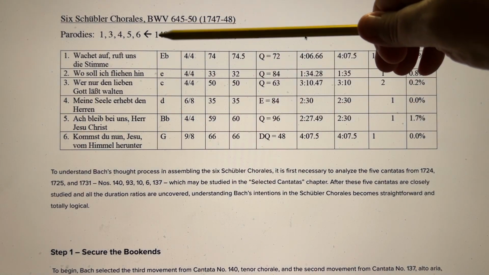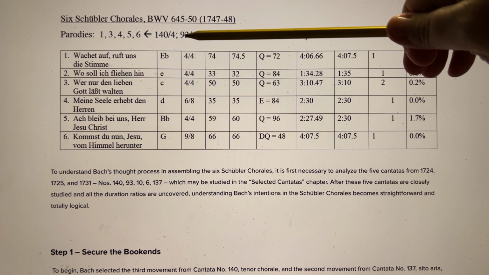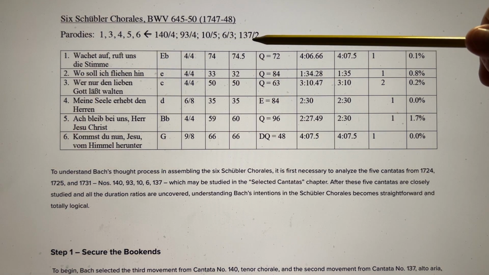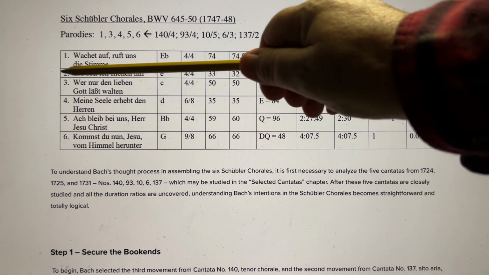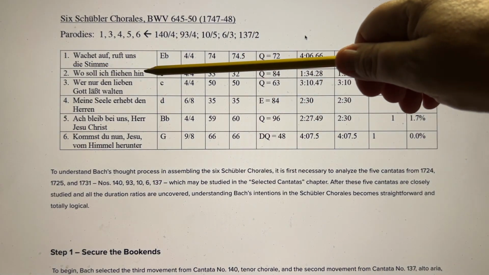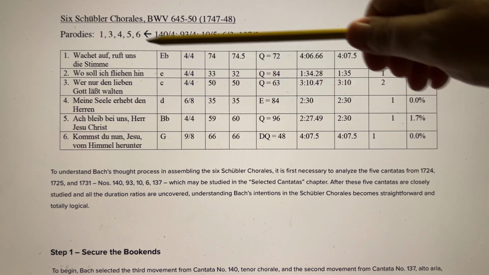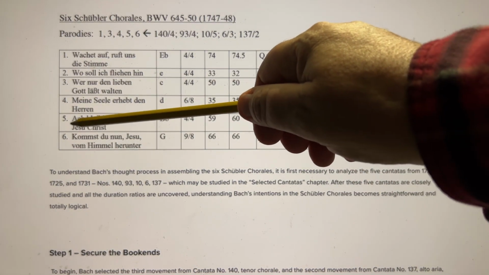So he took a solo chorale with chamber orchestra from each of these 5 cantatas. And then he arranged them in a certain order, and then he had to compose 2 new, because 2 was not borrowed from a previous cantata. Everything is transcribed literally and exactly, except number 5.